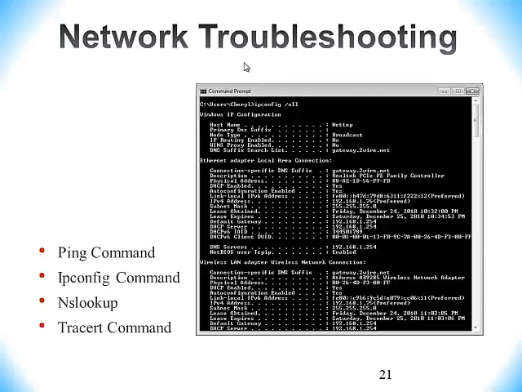NSLookup is a program tool that helps with DNS server troubleshooting. It allows you to see domain names and their associated IP addresses. And then the Tracert command is also a commonly used tool that is used to display the path a packet takes through a network.